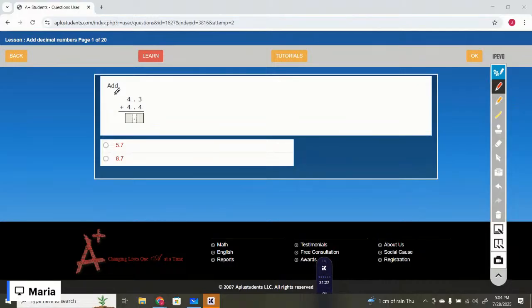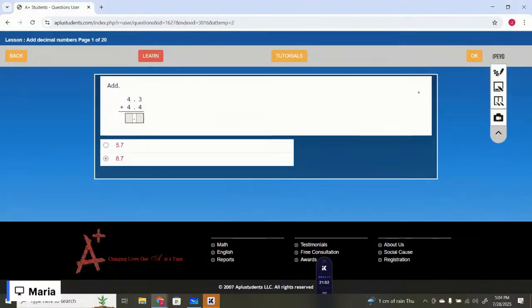So according to decimal point, 4 plus 3 is 7 and 4 plus 4 is 8, sorry. 4 plus 4 is 8. That is 8.7. Option number 2 is the correct option.